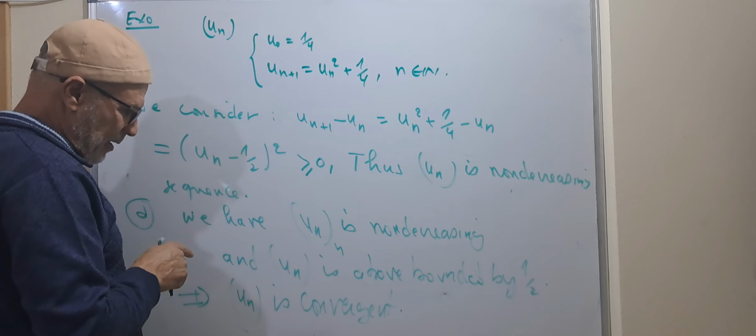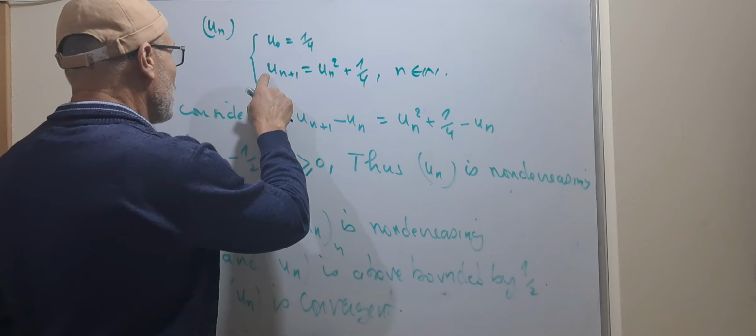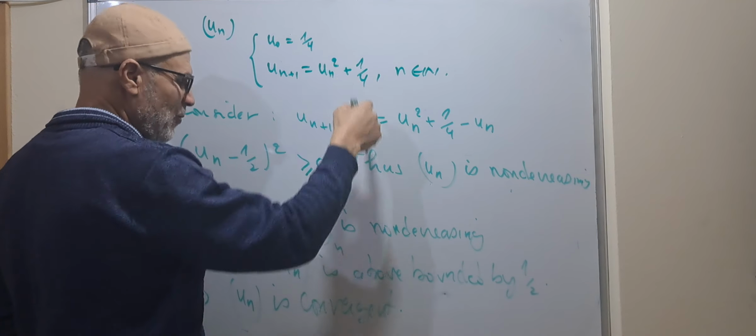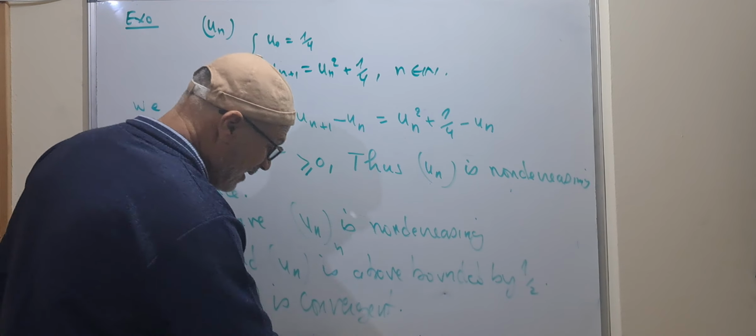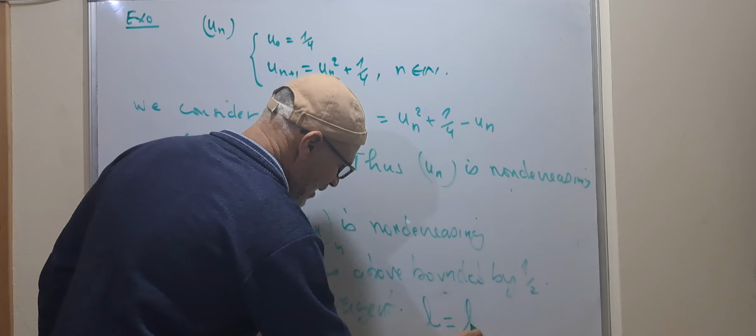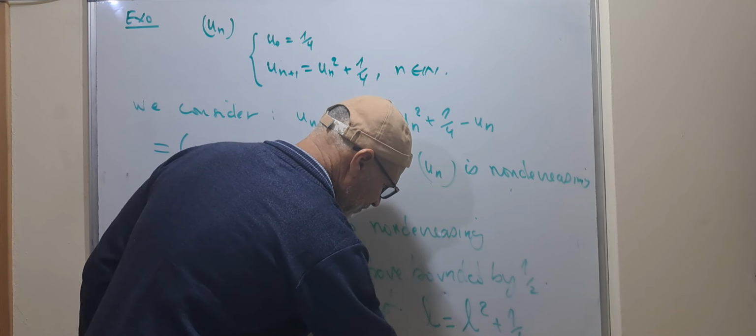If Un converges to L, then U(n+1) converges to L, and Un square converges to L square, plus 1 over 4. So the limit should verify this equality.